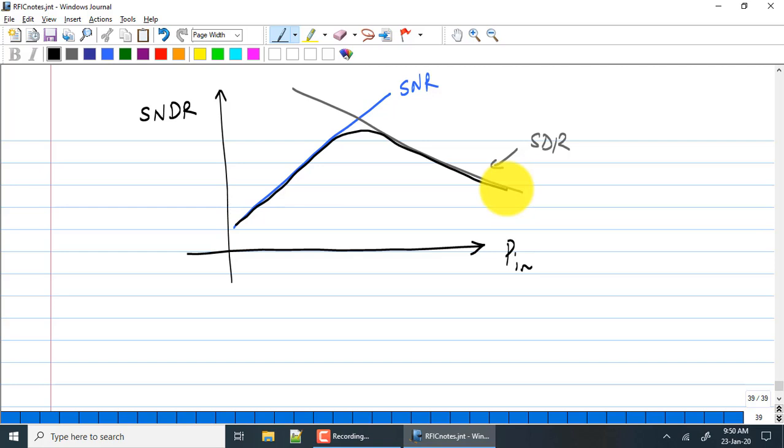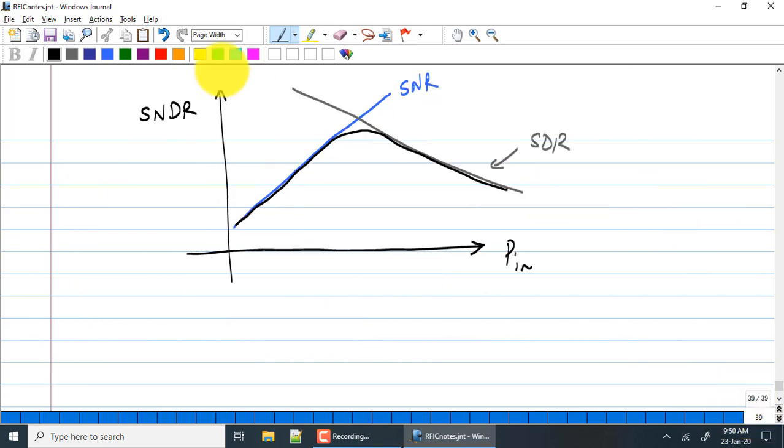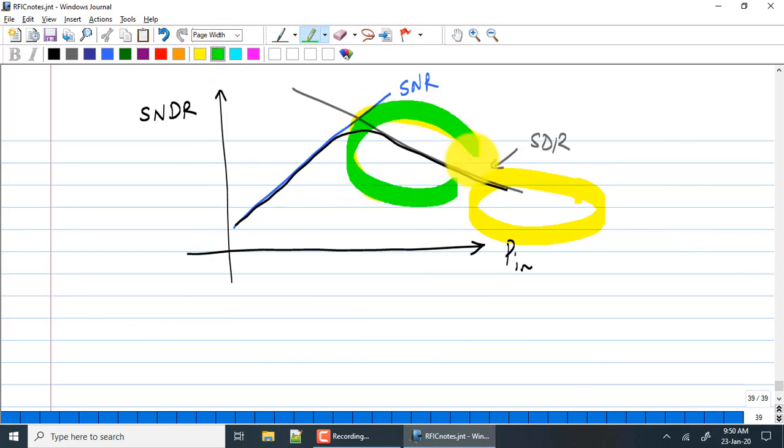That is why we need a better metric, because based on the 1 dB compression point, we can now find out when SNDR falls below the SNR output limits. We can do that. But that is not all we require, because we also want to see what happens here.